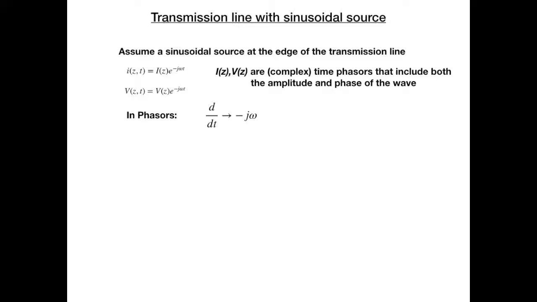We have an AC current running into the transmission line. The current and voltage are dependent only on z, but the change in time is an implicit change by using the phasors. So as usual in phasors, the time derivative is replaced by minus j omega, where j is the square root of minus 1.